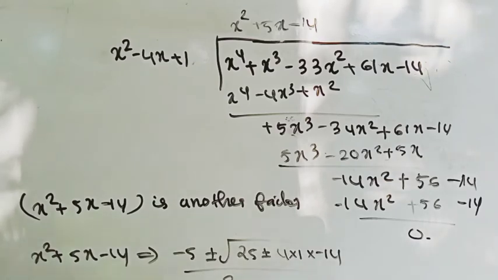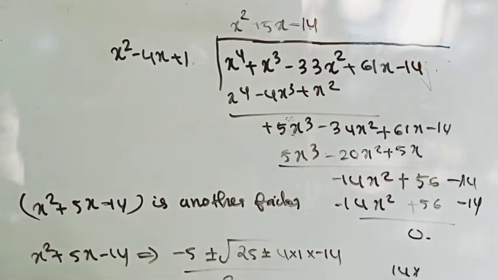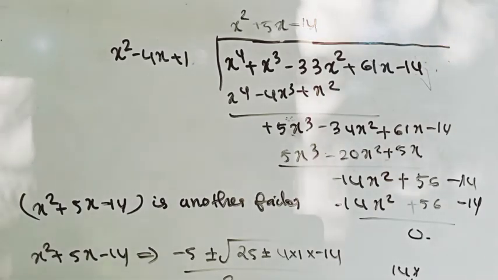That is minus 5 plus or minus root of 25 plus 56, which is root 81, divided by 2.